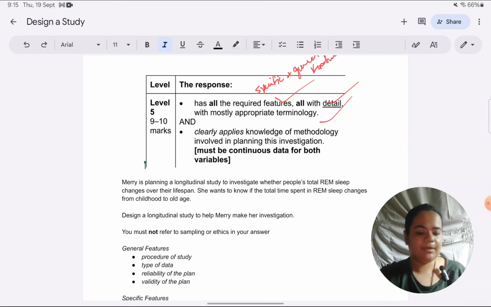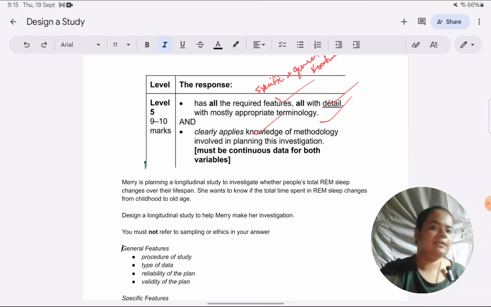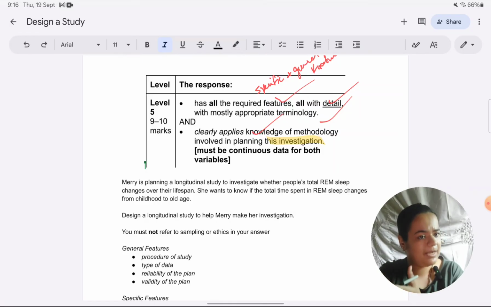Also, one more requirement given is you have to apply the knowledge of methodology in this investigation. Whatever we have written is relevant to Mary's investigation. Her investigation is about REM sleep duration. It's covering childhood to old age. All of what we have written is in view of that. We haven't deviated from the topic at all.